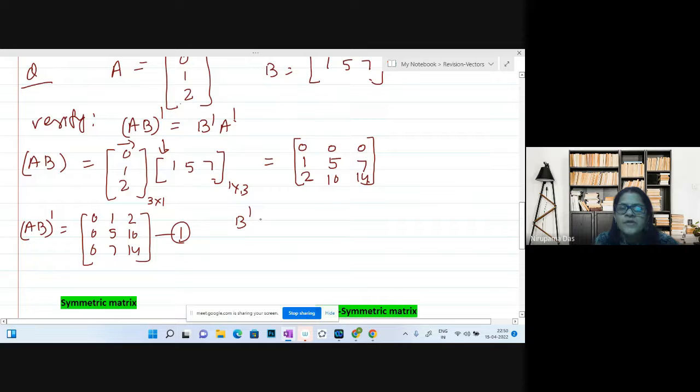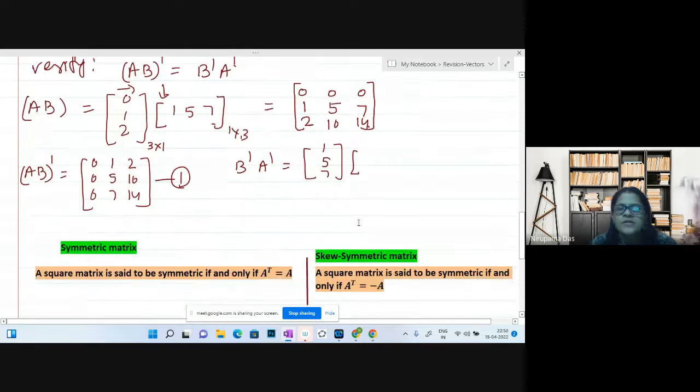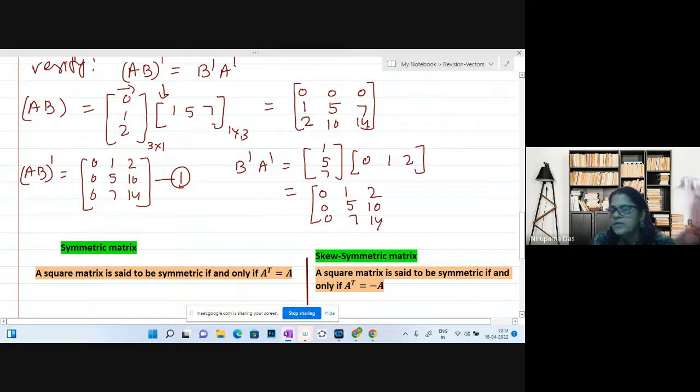Now B transpose into A transpose. B transpose will be 1, 5, 7. A transpose: A is the column matrix 0, 1, 2, so here it will be a row matrix. Whenever you multiply this, R1, C1, R1, C2, we get 0, 1, 2, 0, 5, 10, 0, 7, 14.